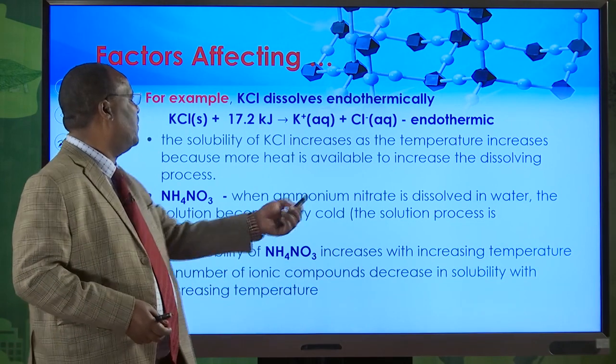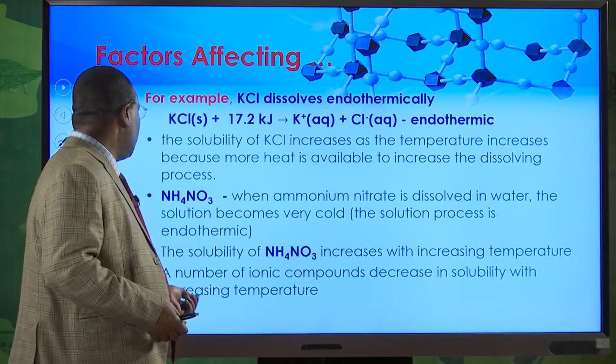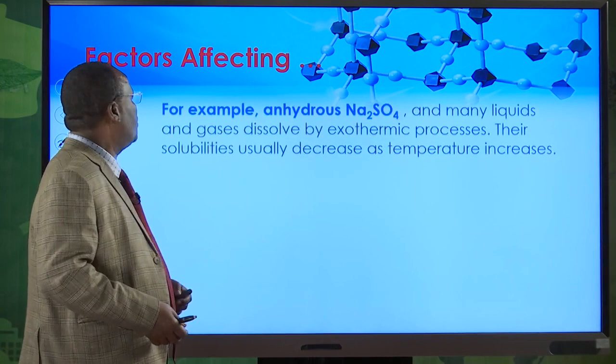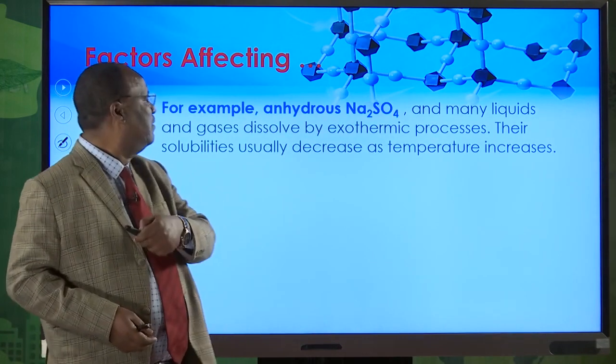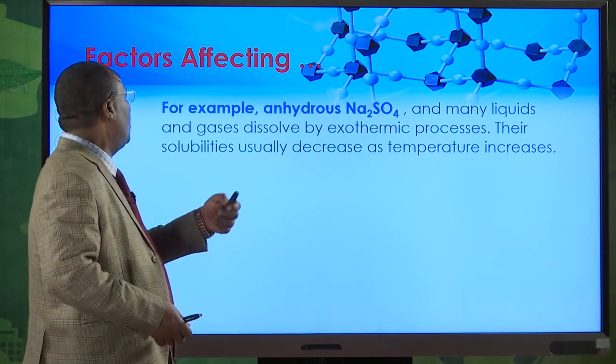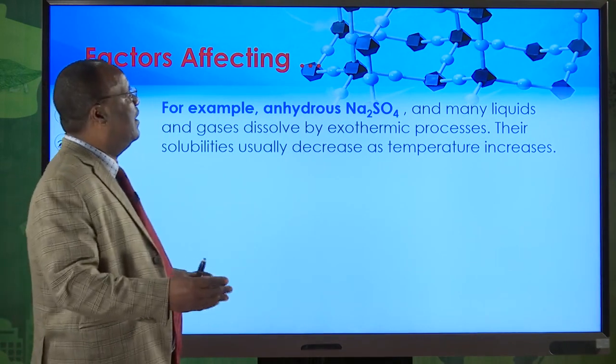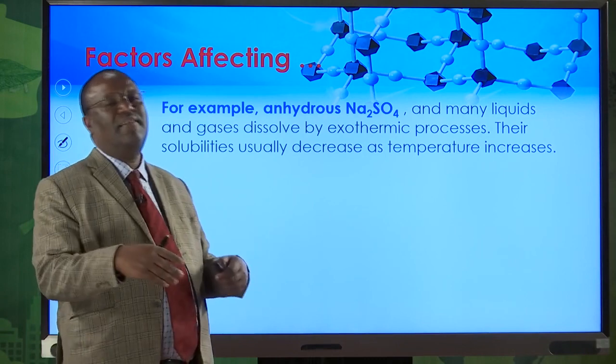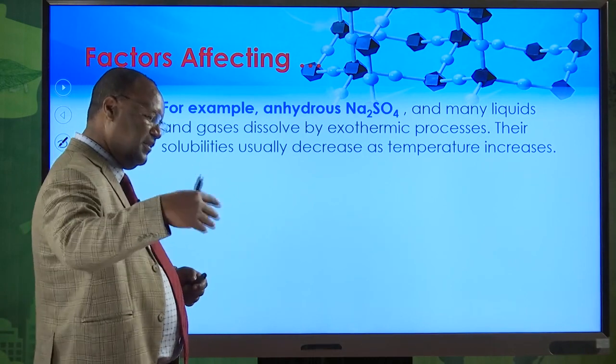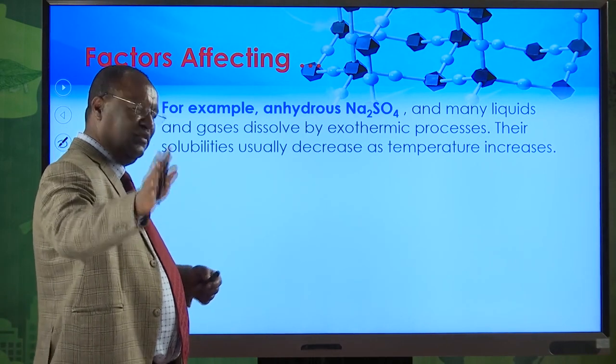A number of ionic compounds decrease in solubility with increasing temperature. Why? Because, for example, sodium sulfate, many liquids and gases dissolve exothermically. In this process, instead of endothermic, the process is exothermic. Heat is released out to the surroundings.